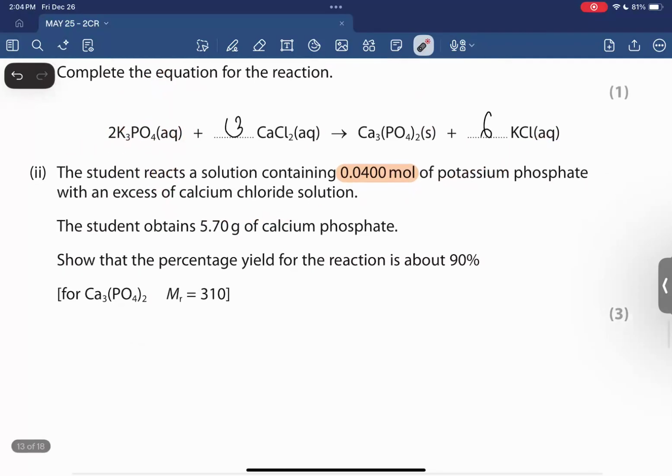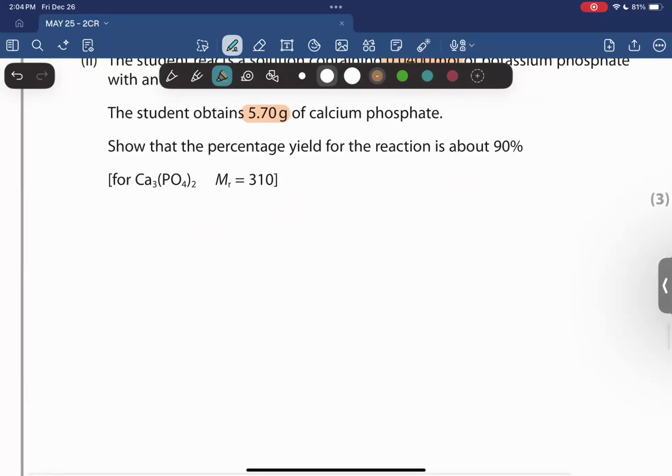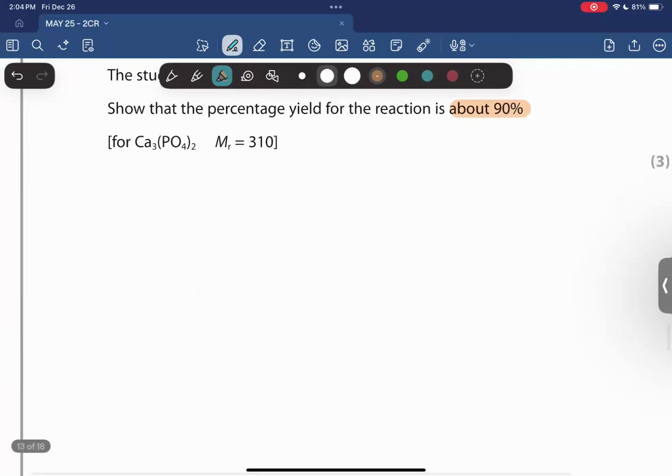Now the student obtains these of calcium phosphate. Okay. These of calcium phosphate. So you have to figure out the percentage yield, right? Percentage yield. So that the percentage yield, okay, is about 90%. So to figure out this thing, you basically have to first of all know the formula of percentage yield.